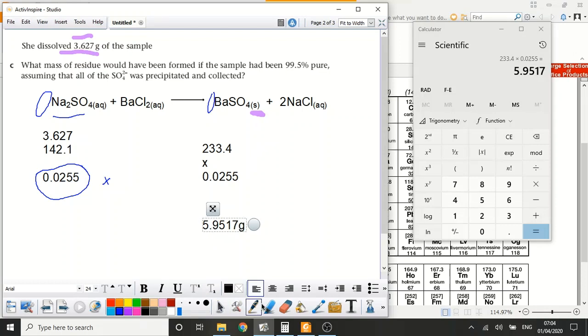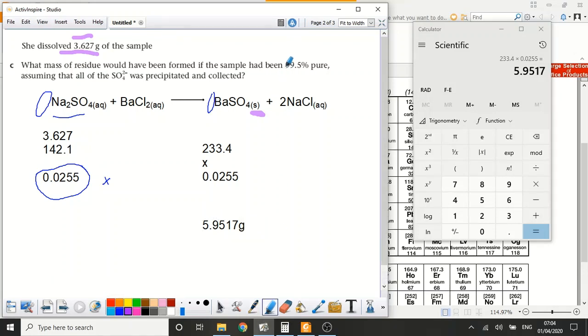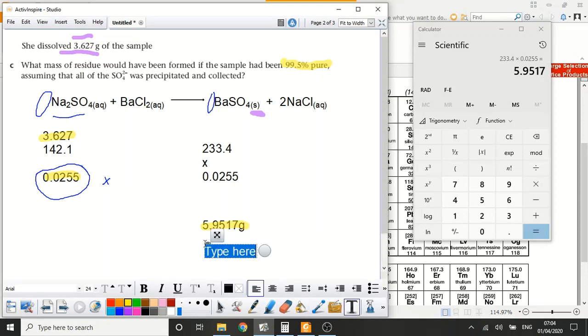However, what they've asked you to consider is that the sample is 99.5% pure. So at any point in this calculation, you could do it here, down here, or here, we're just going to multiply by 0.995 to get our 99.5% pure sample.